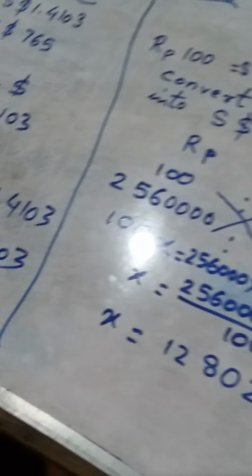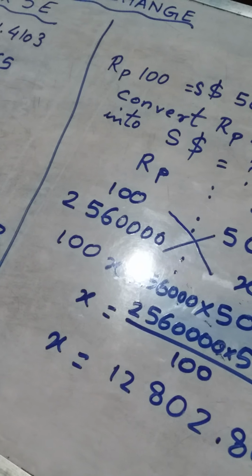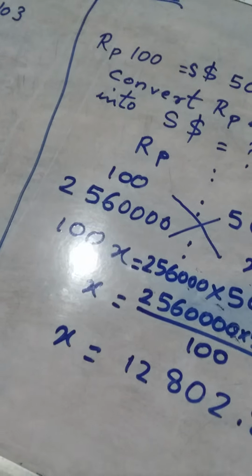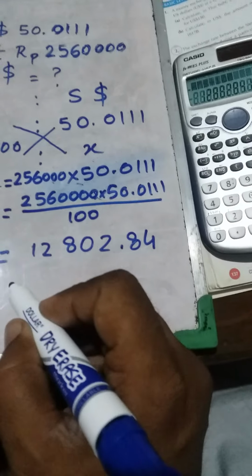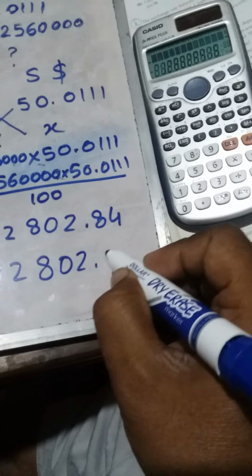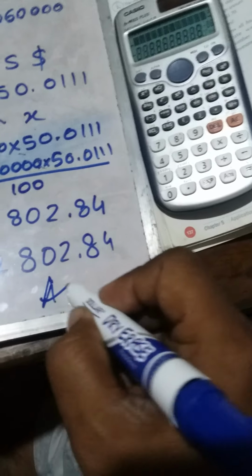So it is 12,802.84. This much is the amount in Singaporean dollars. So this is going to be your answer.